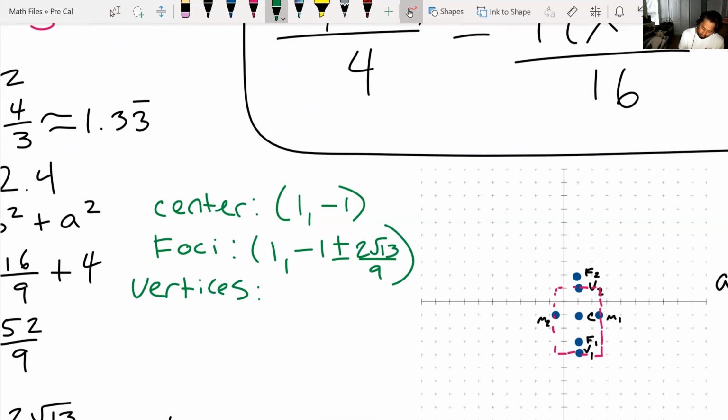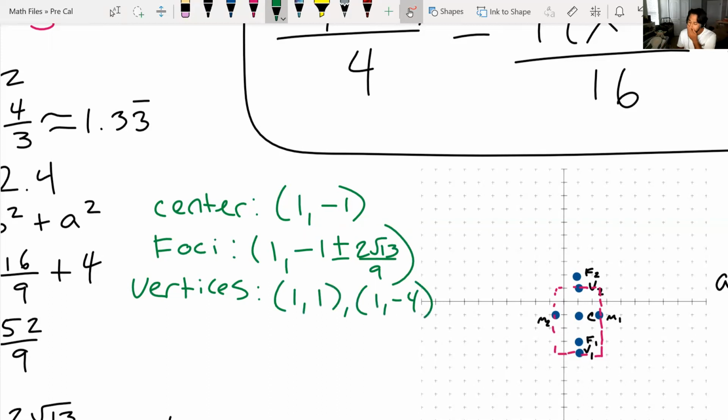Vertices are at (1, 1), and (1, negative 3).